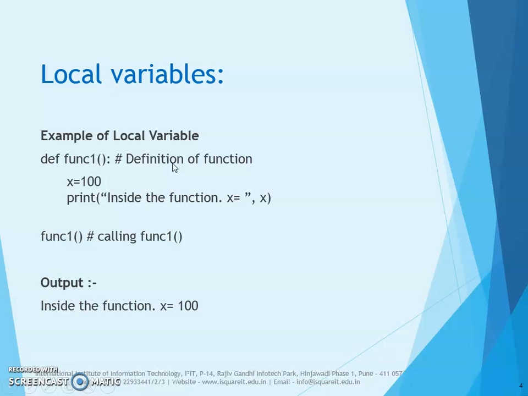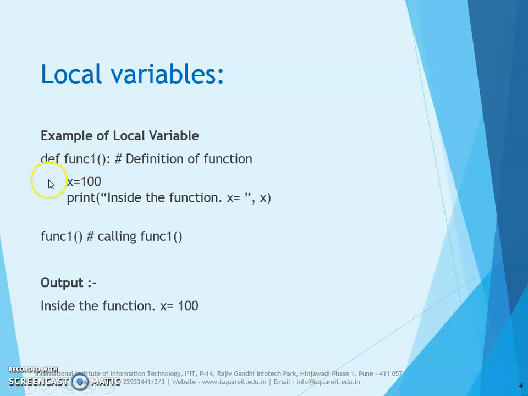So we'll see this example. Here in this block, we have defined a function. The name of the function is func1. And here we are calling that function. Now we'll see what we have written inside the function definition. The function definition starts with def, and we have assigned a value to variable x, that is, x is equal to 100. We are trying to print that value inside the function, x is equal to that particular value.